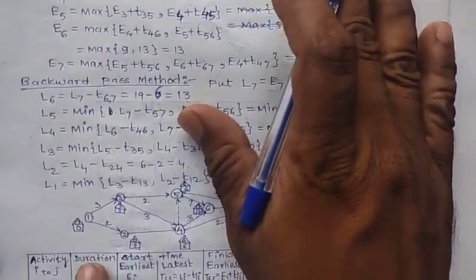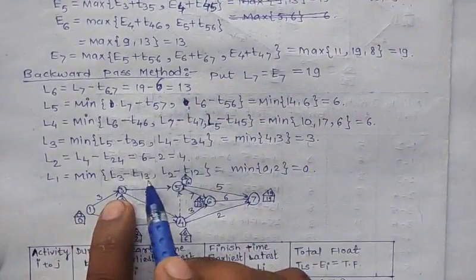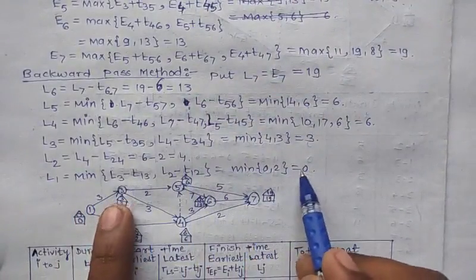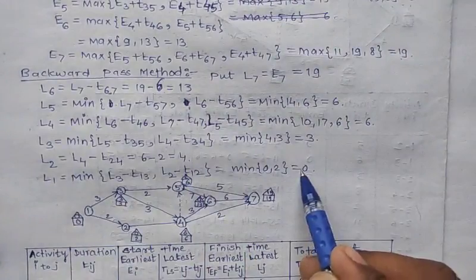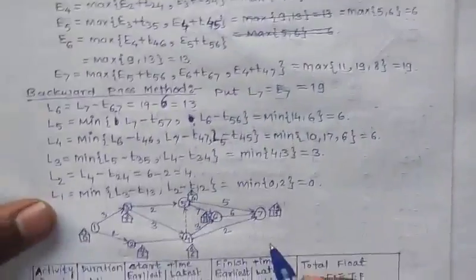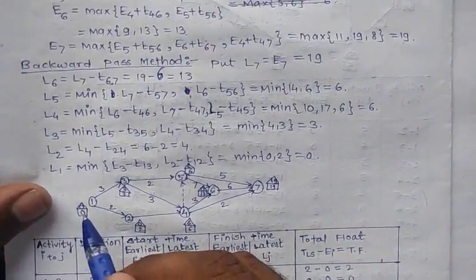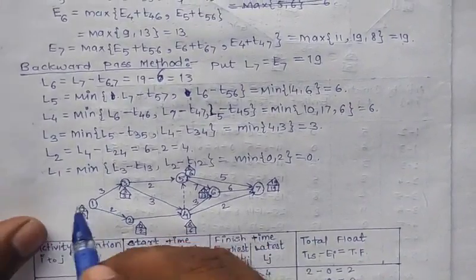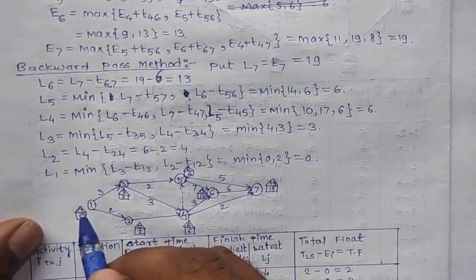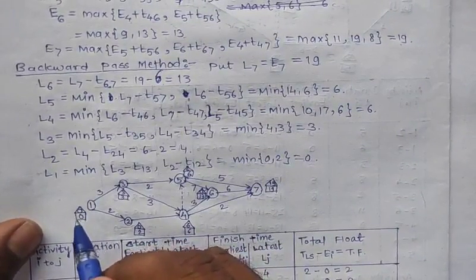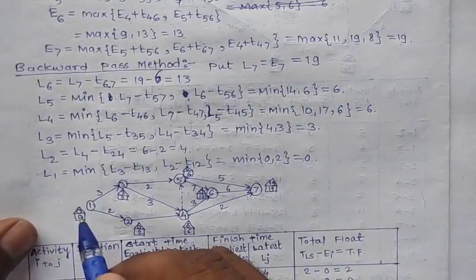So we get the minimum will be 0. Now draw the diagram as given below and write down the forward pass values and backward pass values. In the triangle the value will be for the backward pass, and in the square the value will be for the forward pass method.